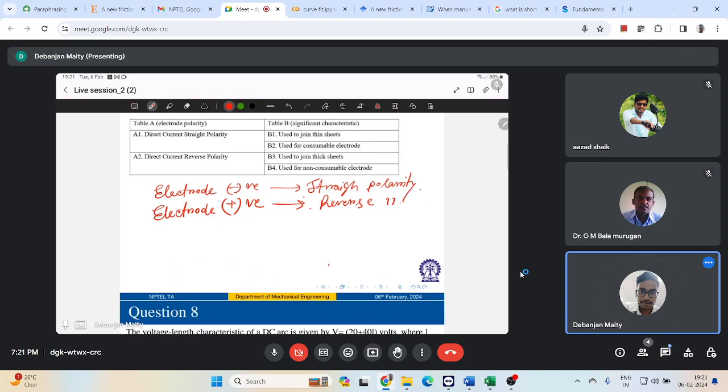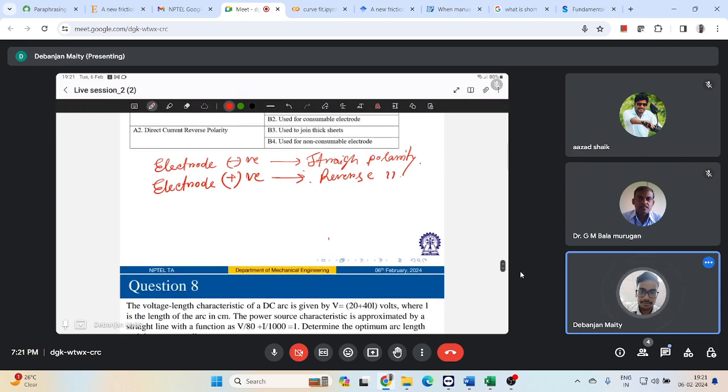Now, welding current with electrode positive polarity results in deeper penetration. So the weld penetration depth will be deep when you use reverse polarity.